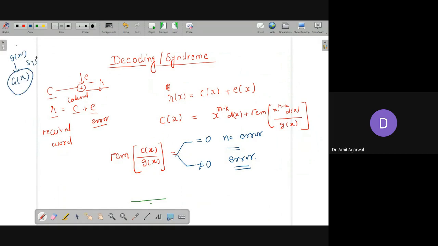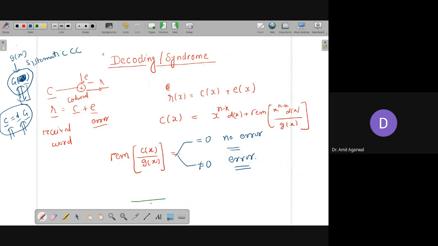For the systematic cyclic codes, we derive the generator matrix G, and then using this formula, we can find out the value of each code word corresponding to that data word. And how will we implement this in hardware? We have also seen that using the shift registers and the modulo 2 operation.